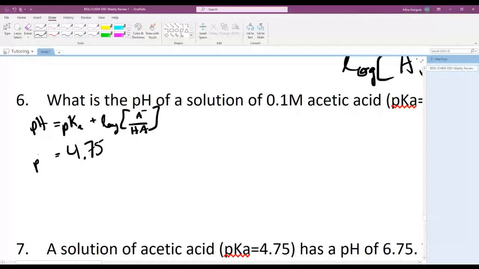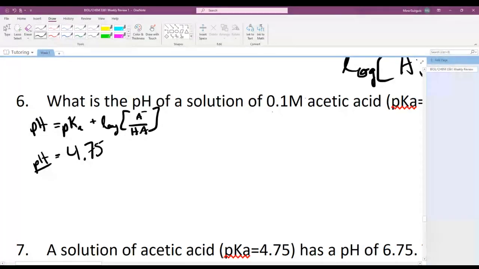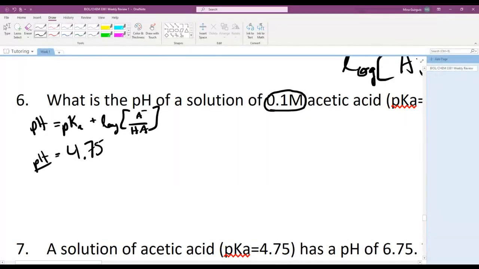And I know that my pH is what I'm looking for, so I don't know that one. And I know that my total molarity is 0.1. I don't know the individual molarity, what I mean by that is how much of it is going to be as acetic acid and how much of it is going to be acetate.